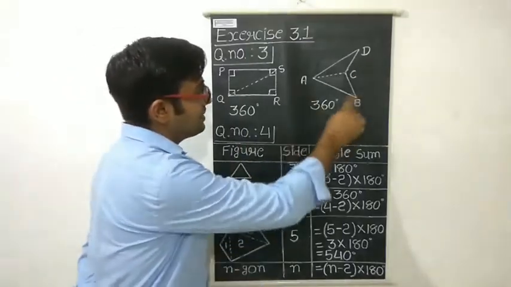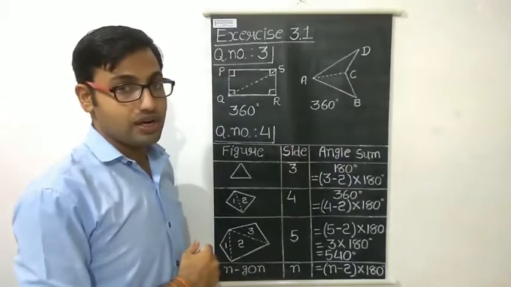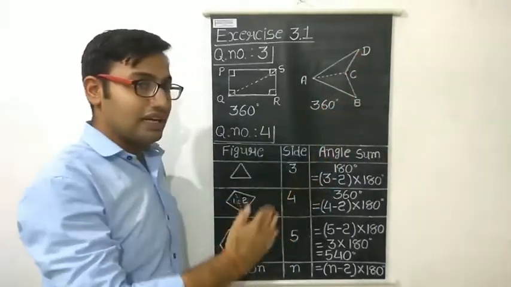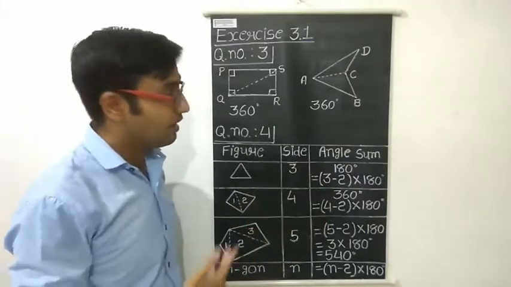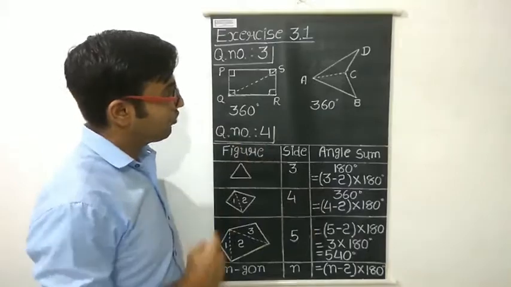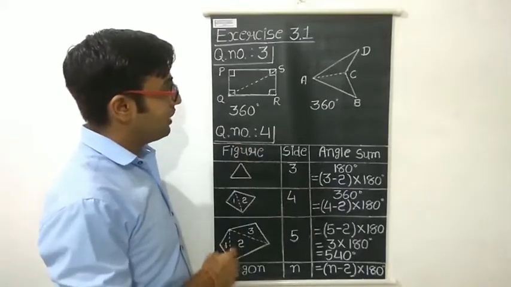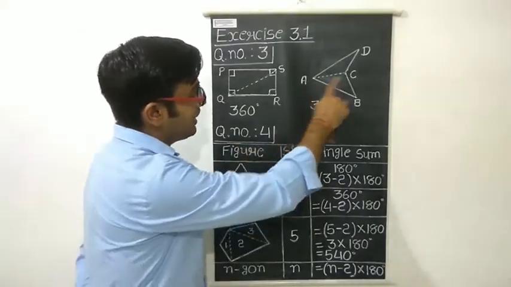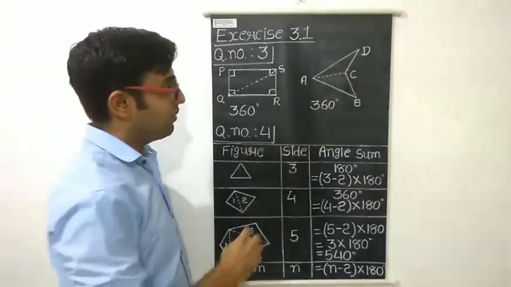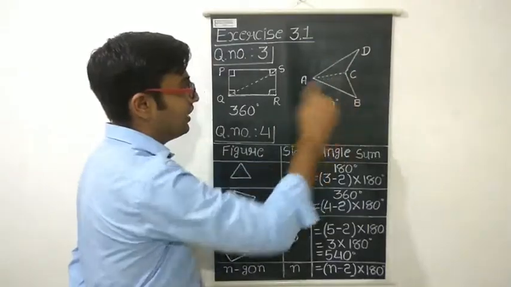Let's suppose ABCD is a concave quadrilateral. Why? Because if we join the diagonal BD, it remains outside the figure, so that is why it is a concave quadrilateral. Now, what will happen if we join the diagonal AC? Then again this quadrilateral is divided into two triangles, ACD and ACB.